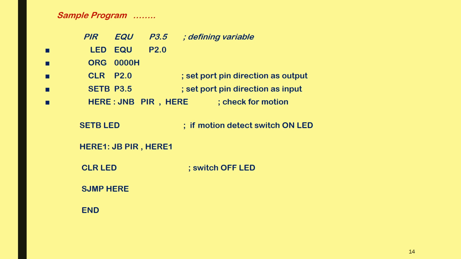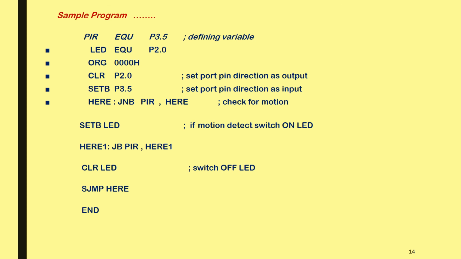If the bit is set, switch on the LED, and again JB PIR, remain in the loop. So it is a simple, general way of switching the LED on or off, looking after the LED status based on the PIR.